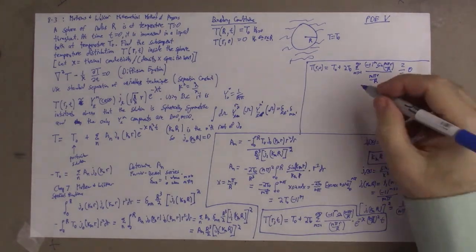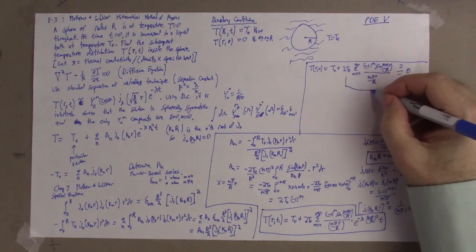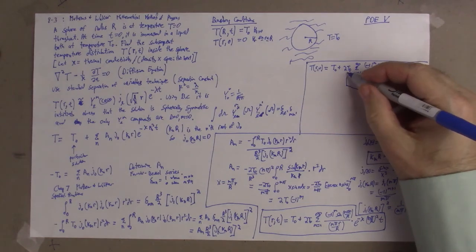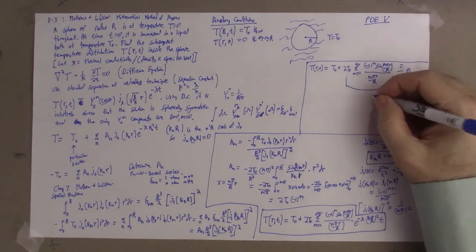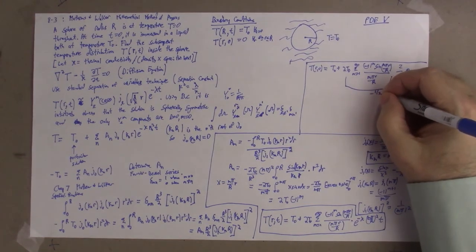For that to be equal to 0, we need this whole thing in brackets, right after the 2, to be equal to minus 1/2.